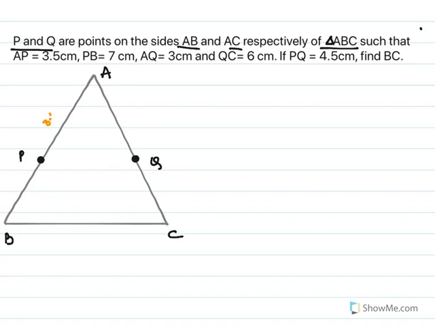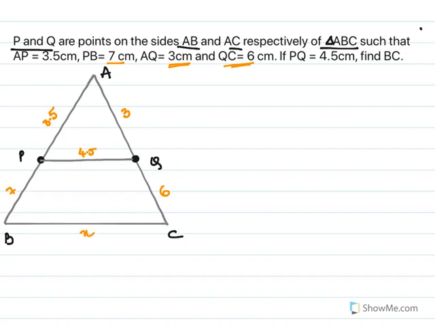AP is 3.5. PB is given as 7. AQ is given as 3. And QC is given as 6. So we join this. And PQ is 4.5. We need to find BC.